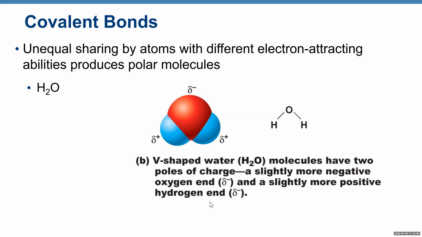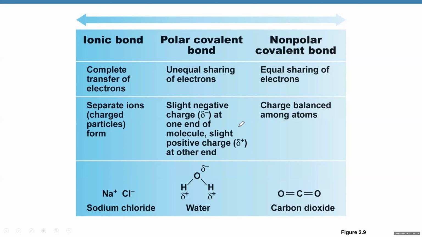Right, so here we can put everything in perspective. We have our covalent bonds over here with equal sharing of electrons, charge balanced among atoms. An example would be carbon dioxide.